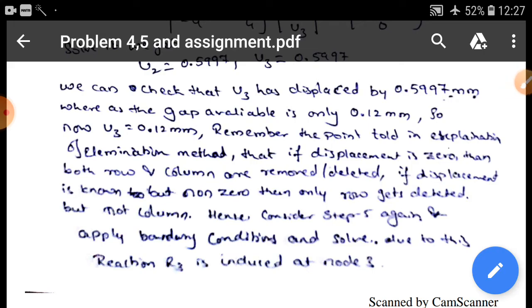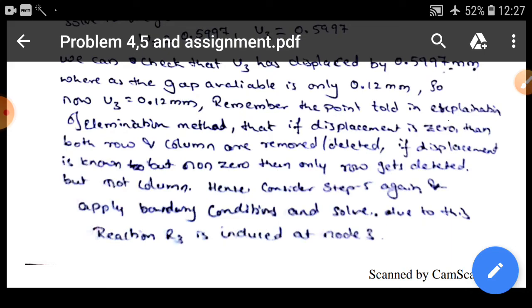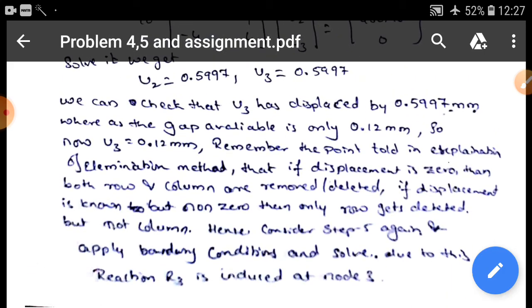Now if you remember the first video which I released, the elimination method of applying boundary conditions, I had insisted there that if the value of the displacement u is 0, then the corresponding row and column get deleted. If the value of that node displacement is known to us, then only the row gets deleted, because the column is multiplied with a non-zero value.